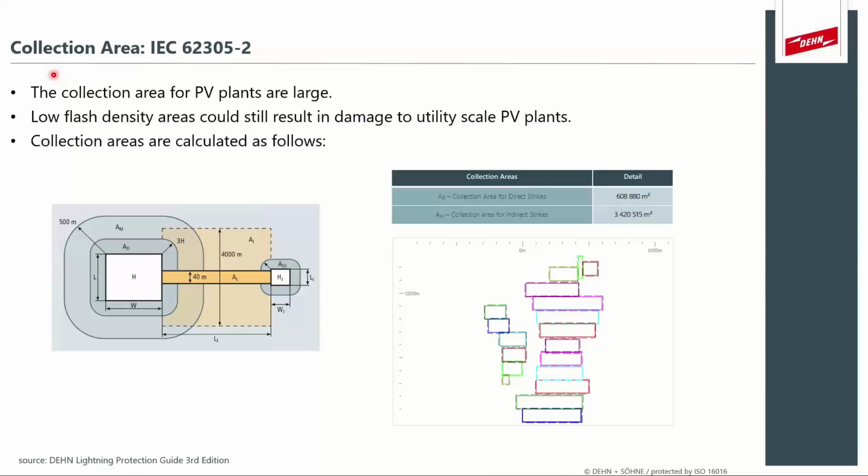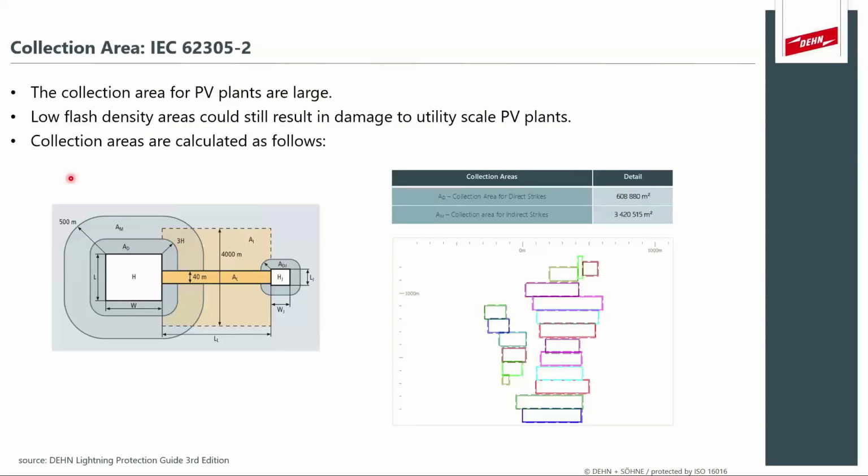Okay, so to do this calculation and to understand, there are two different collection areas that we calculate. We call it the collection area, and that's the area where lightning can strike directly into the plant. If you look at this picture on the left, this is referenced from the DEHN lightning protection guide, but it's the same picture that you would find in IEC 62305.